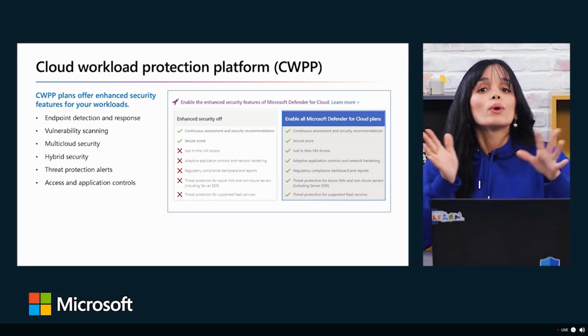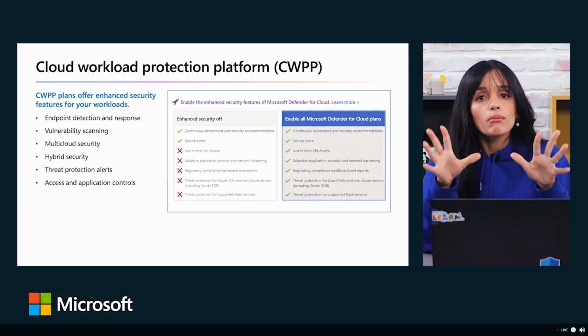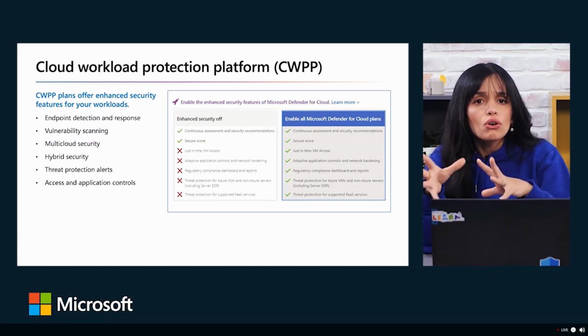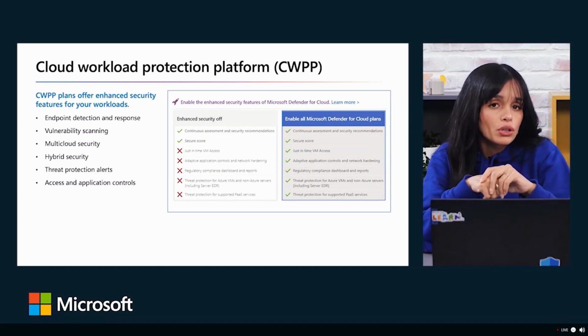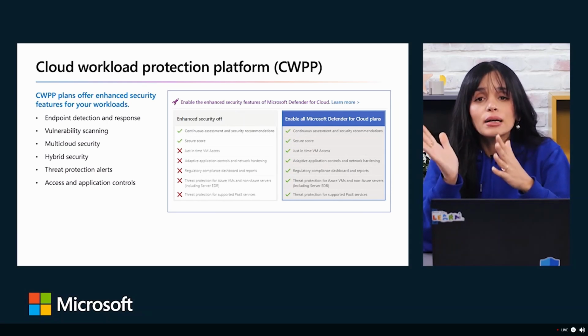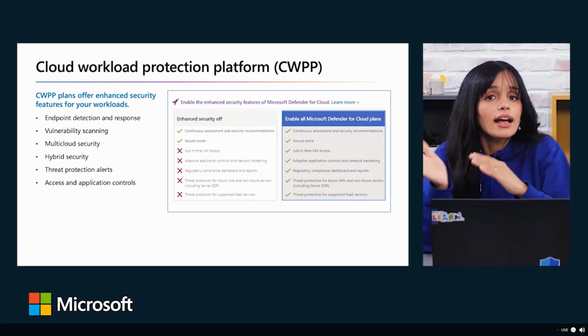Finally, with the Adaptive Application Controls feature, you can block malware and other unwanted applications by applying machine learning-powered recommendations adapted to your specific workloads to create an allow list and a block list.